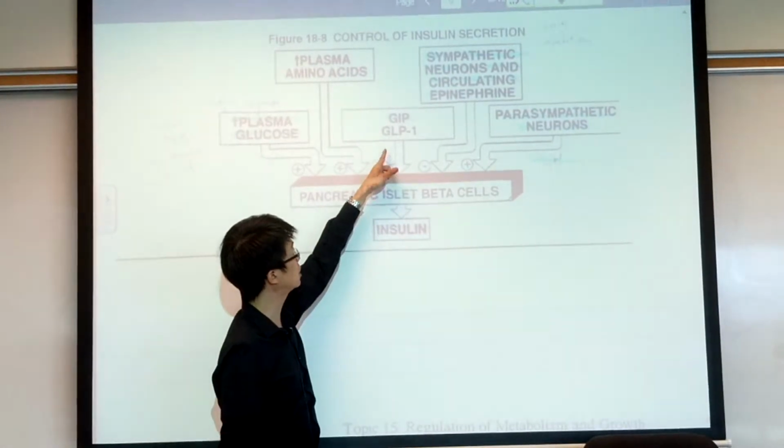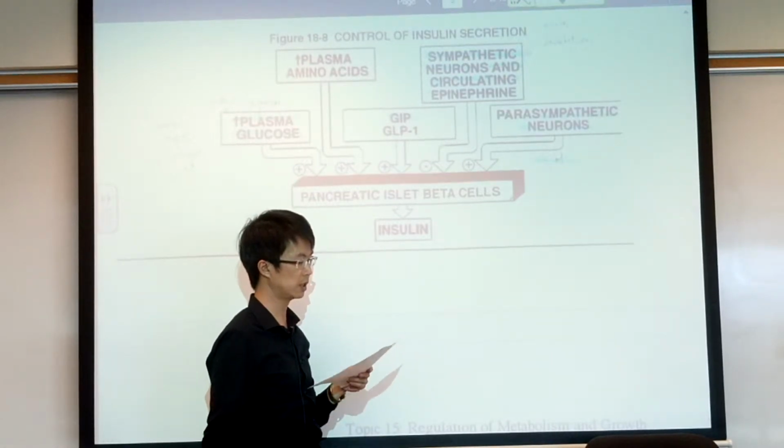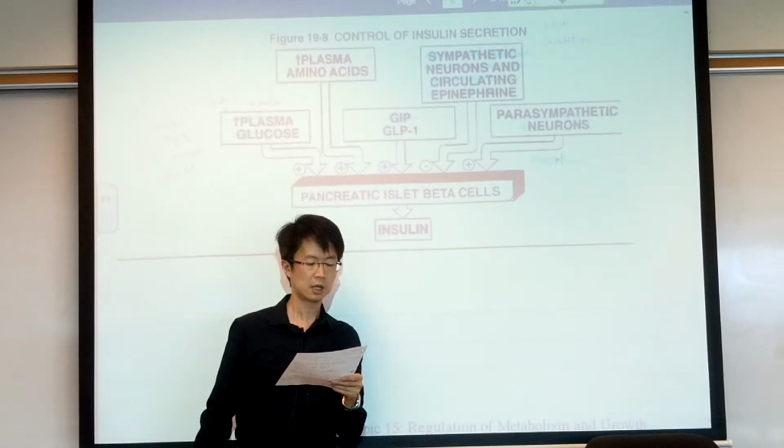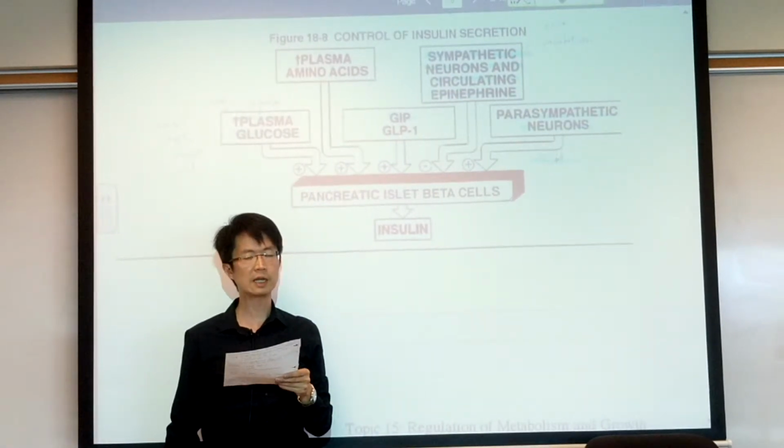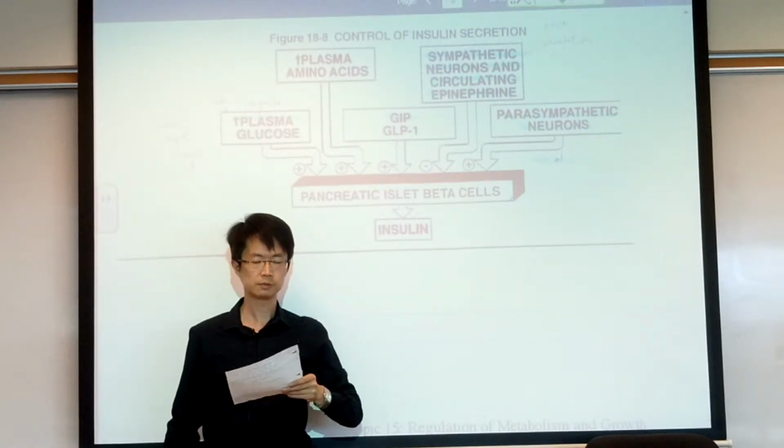And then we have GLP and GIP. We talked about GIP in the digestive system. At the end of the digestive system lectures, GIP is one of the 4 gastric hormones.